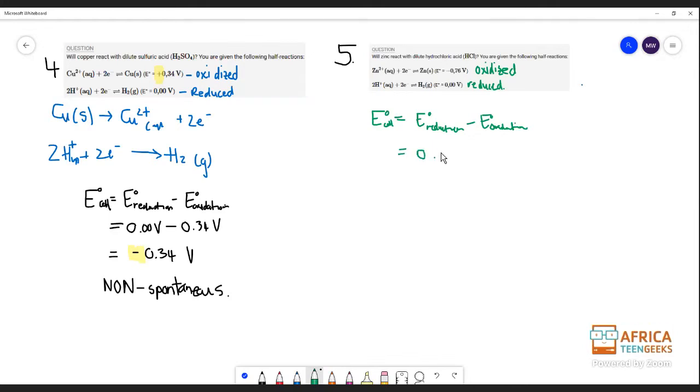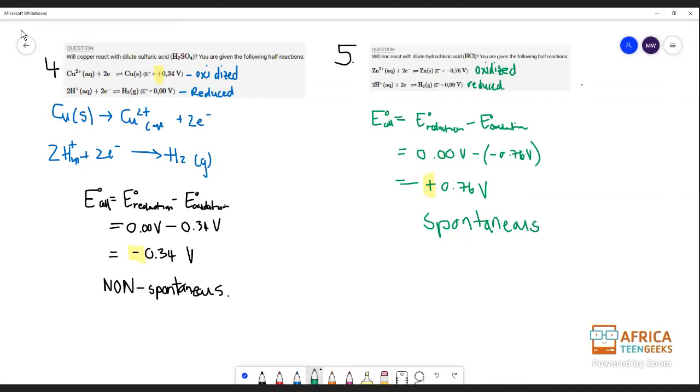So you've got 0.00 volts minus negative 0.76 volts. And so these two will make a positive, and you will have a positive 0.76 volts. And so seeing this positive, it is spontaneous. So if you were to throw them together, they would react because of the fact that it is spontaneous.